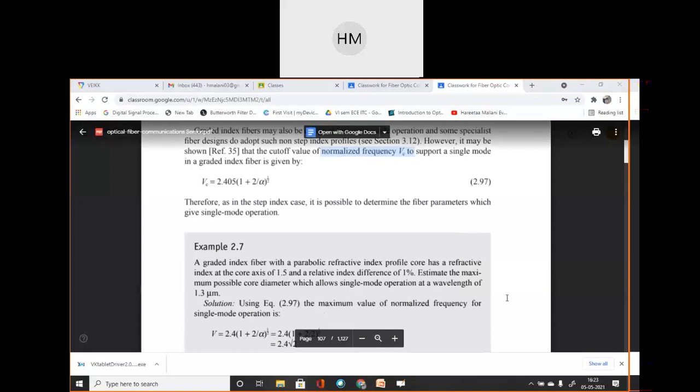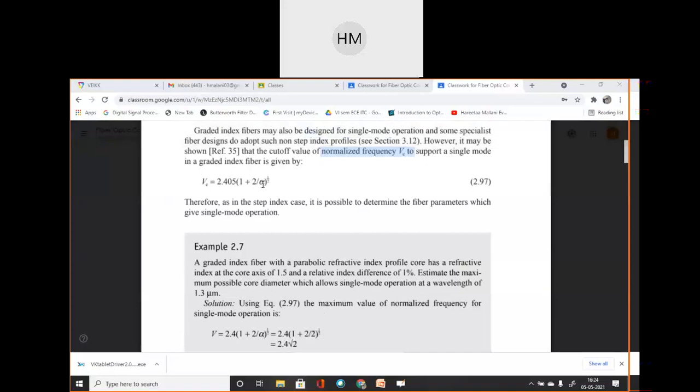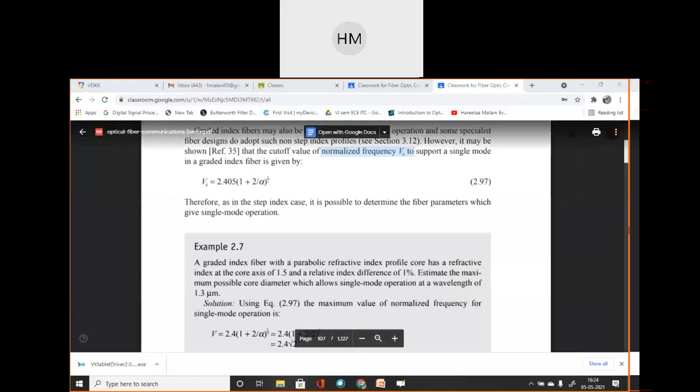It exists from 0 to 2.405. After that, for graded index fiber, Vc is equal to 2.405 times (1 plus 2 to the power 2 by alpha) to the power half. Clear? This is the normalized frequency for single mode fiber.